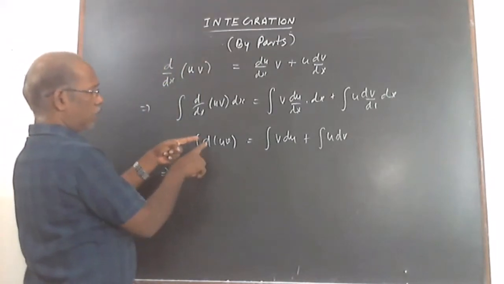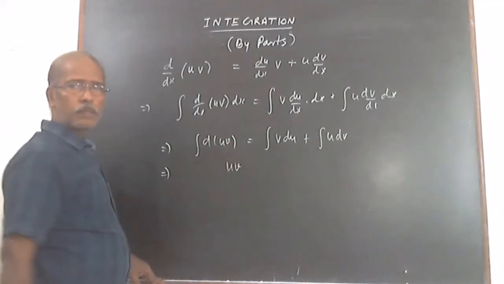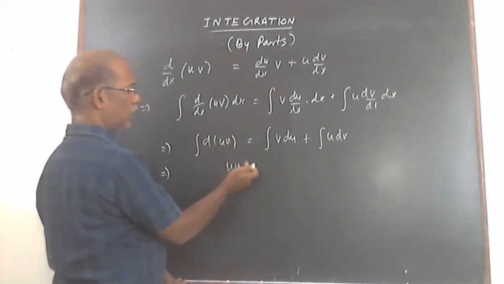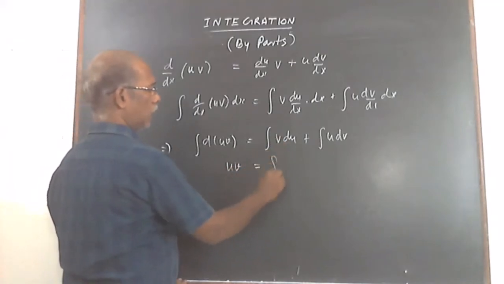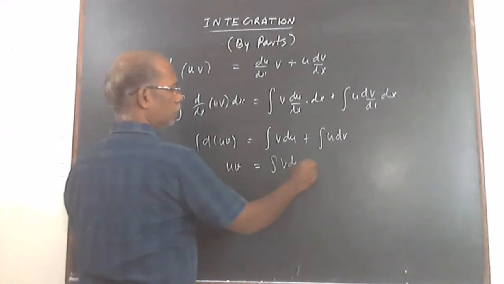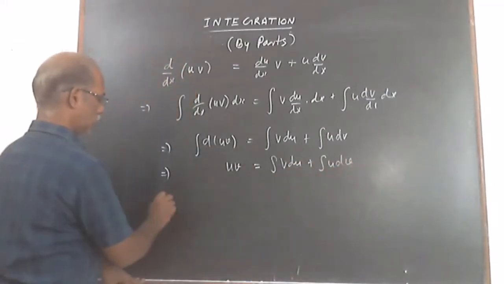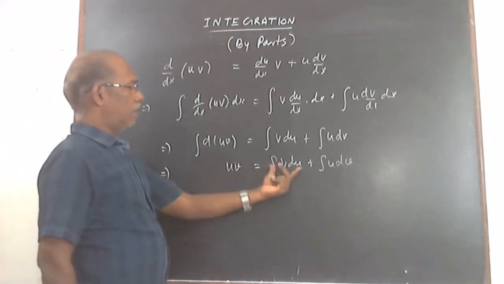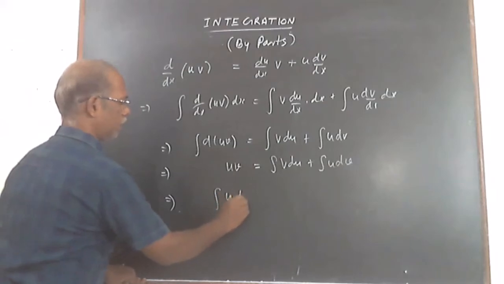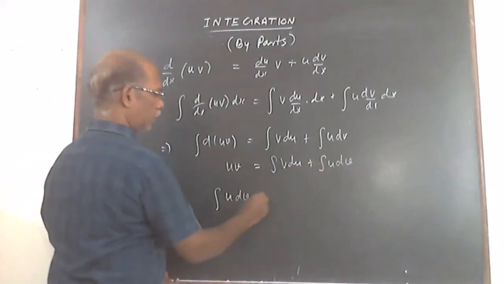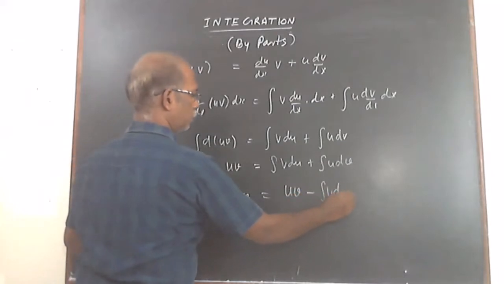The integral of the derivative of uv is just uv, and then we can introduce some integral constant: uv plus integral of v du plus integral of u dv. Then this implies integral of u dv is uv minus integral of v du.